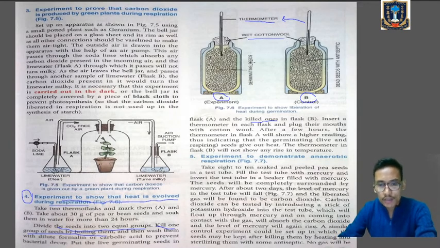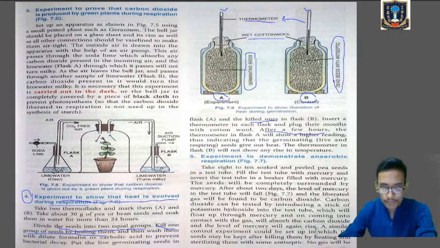So in flask A we are putting the germinating seeds, and in flask B the dead seeds with an antiseptic like carbolic acid in order to prevent bacterial decay. Then we put the thermometer in both flasks, and the mouth is covered with wet cotton wool. After a few hours, what will we observe?